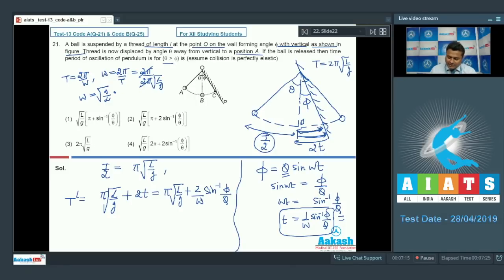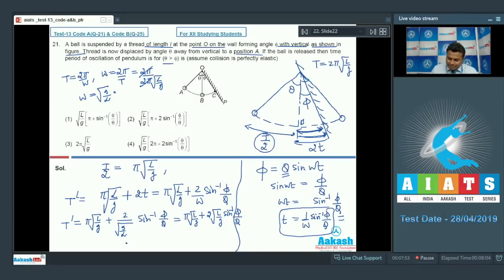Now we'll put this omega in the expression. What we will get? T dash, the time period, is pi under root L by G plus 2 upon omega, under root G by L sine inverse phi upon theta. One more step: pi under root L by G plus 2 times under root L by G sine inverse phi by theta.